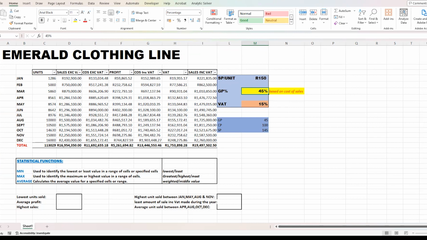And VAT is fixed at 15%. From that, we're able to calculate every other piece of information, like the selling price excluding VAT, selling price including VAT, the cost of sales as well as the cost of sales including VAT, the profit and the VAT. We did all of that calculation.